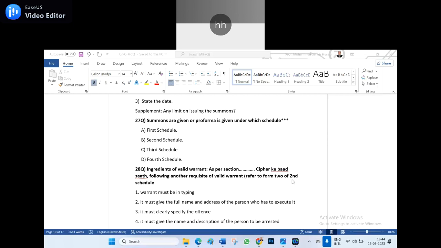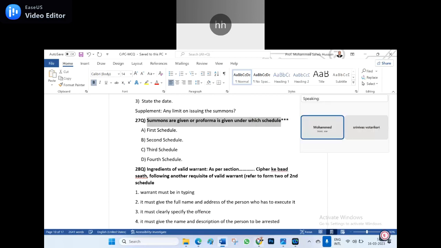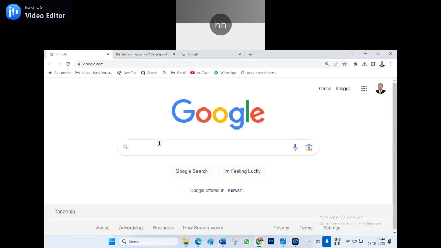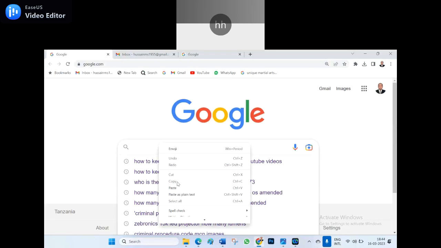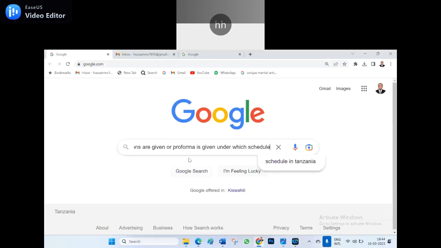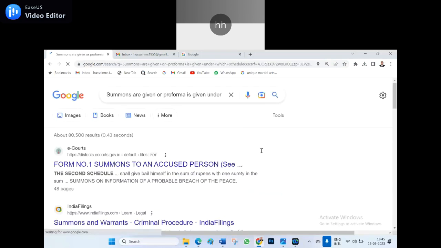Is it the first schedule or second schedule? Again, I have the doubt. Let me check it. Summons of the accused, the second schedule is the right answer.